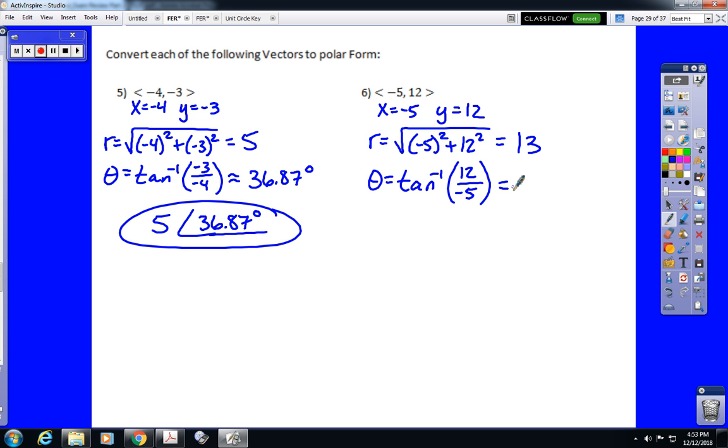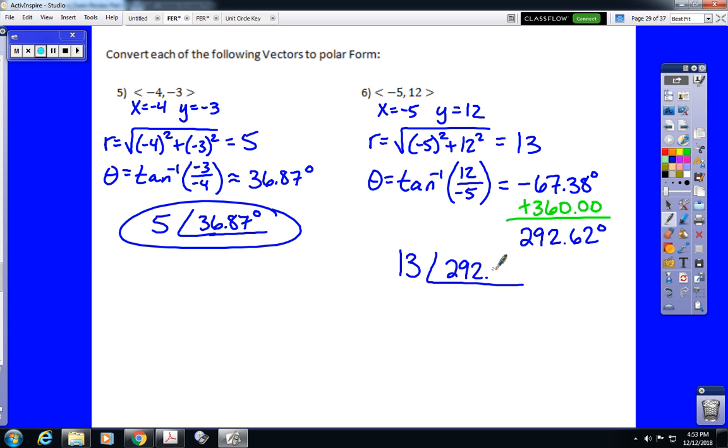That would be -67.38 degrees. Again, we should add 360 to that to get the coterminal angle. That is in the first rotation, 292.62 degrees. And that should be the number we provide in our answer. But if you provide the negative angle instead of the positive coterminal angle, I will allow that.